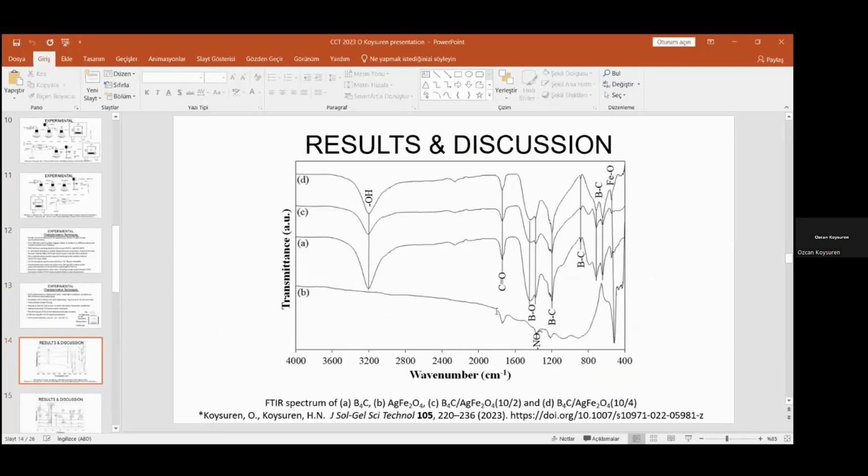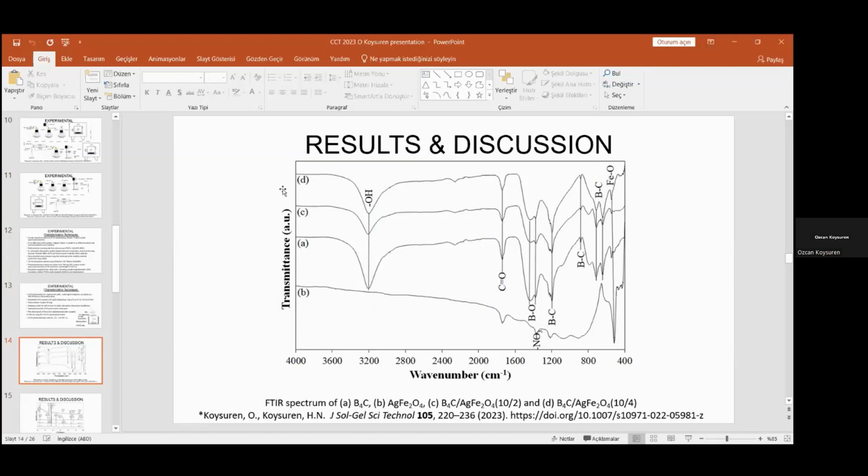Here you can see the IR spectrum. A belongs to boron carbide. As you can see here, there are characteristic peaks of boron carbide. And when we look at spectrum B, you can see the characteristic peak of iron oxide. This shows us that we synthesized boron carbide and silver ferrite successfully alone.